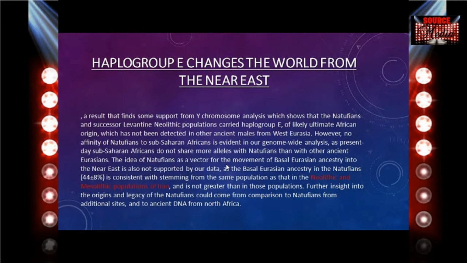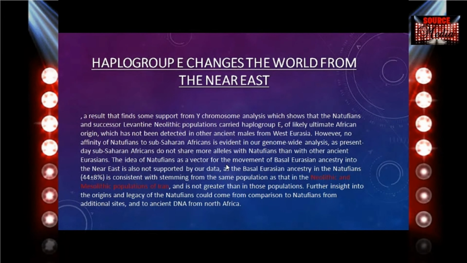The idea of the Natufians as a vector of the movement of basal Eurasian ancestry into the Near East is also not supported by our data, as basal Eurasian ancestry in the Natufians, 45%, is consistent with stemming from the same population as that in the Neolithic and Mesolithic populations of Iran. So they both stem from an earlier population.